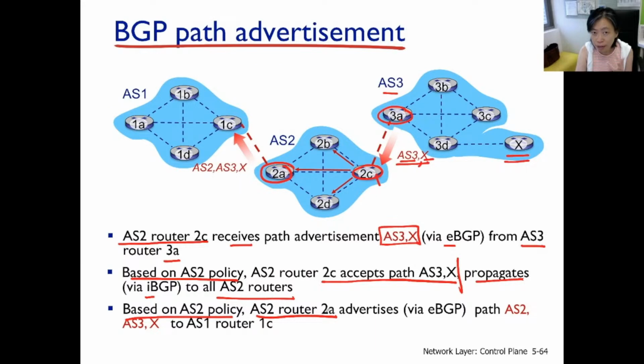If 2A is allowed to advertise the discovered path to AS1, then we form the new advertisement AS2, AS3, and X, and send it to 1C that belongs to AS1. So once again, before the extended AS path can be advertised further to the rest of the internet, we check the export policy.